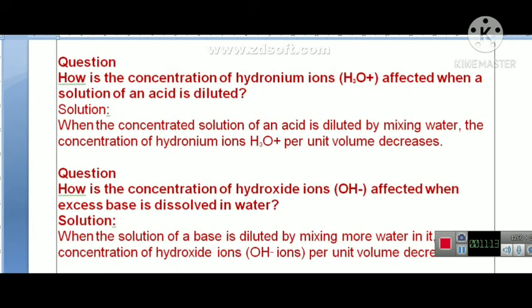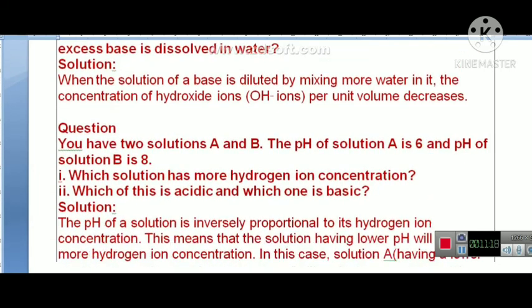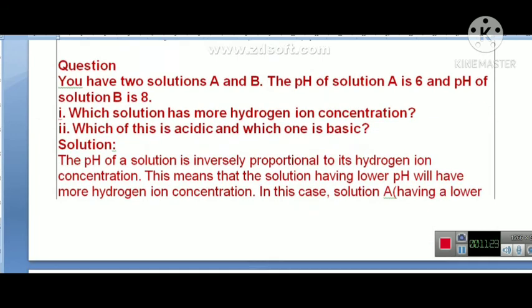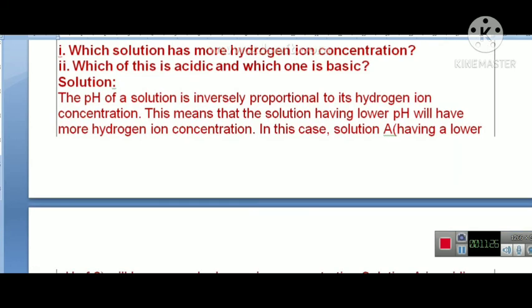A solution with pH greater than 7 shows basic nature. Thus, according to this question, we can see the pH of a solution is inversely proportional to its hydrogen ion concentration. This means that the greater the pH, the lower the acidic nature, and the lower the pH, the more the hydrogen ion concentration.